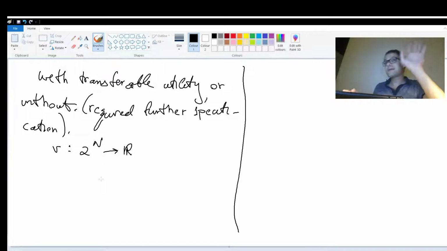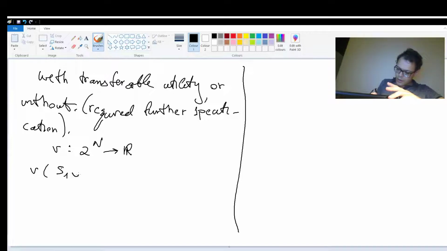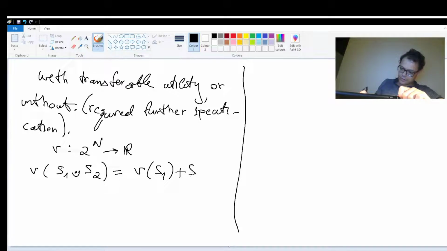It does not have to be any of those, but it can be. Additive means that if you have 2 coalitions which are disjoint, that's what this dot means, then the value of the union is exactly the sum of the values.